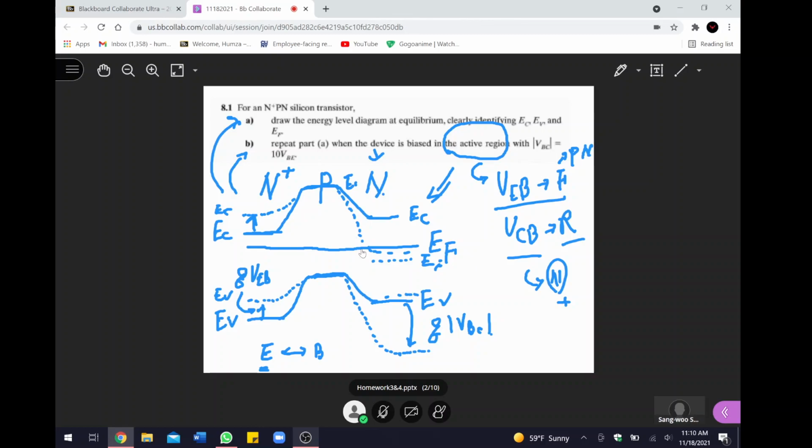Just keep in mind that whether this is the inverse active region or the active region, what matters is whether it is forward or reverse bias, and then which energy goes up or down. If you just remember that, then whatever the condition, you can answer those questions. Okay, thank you.